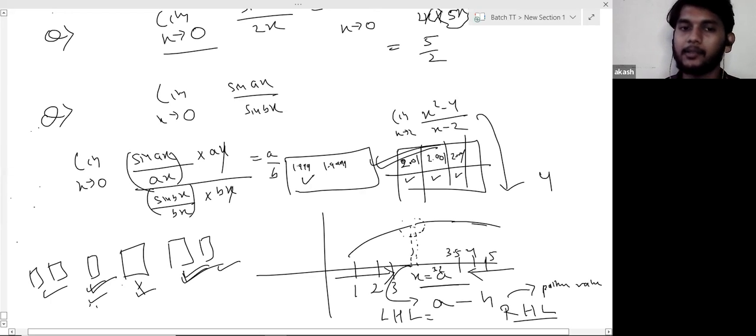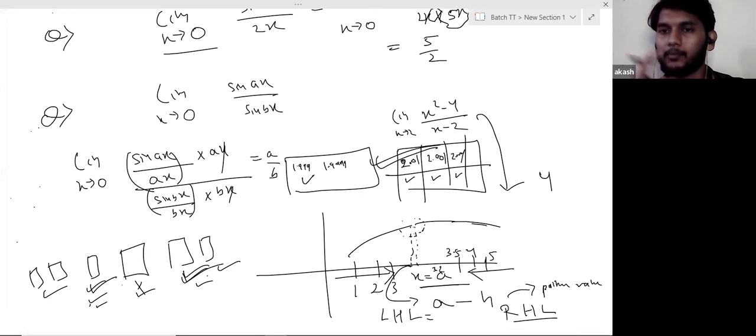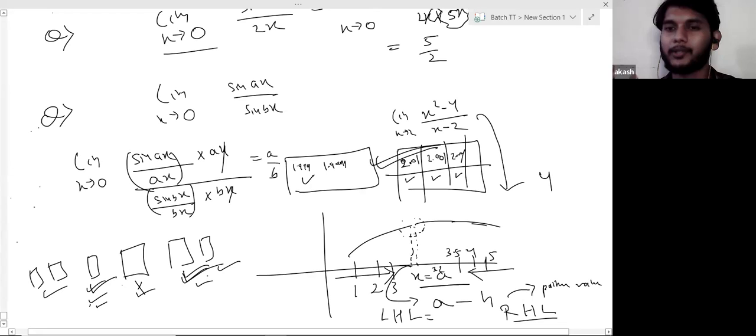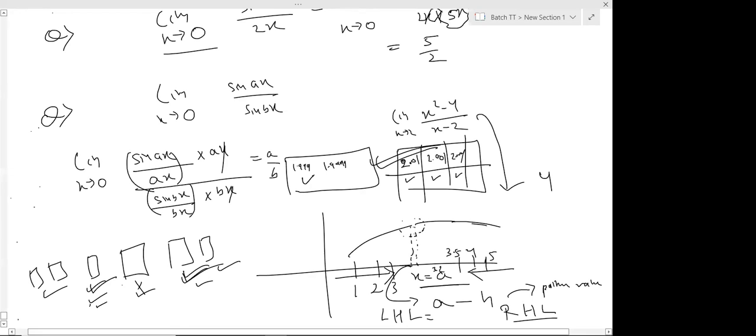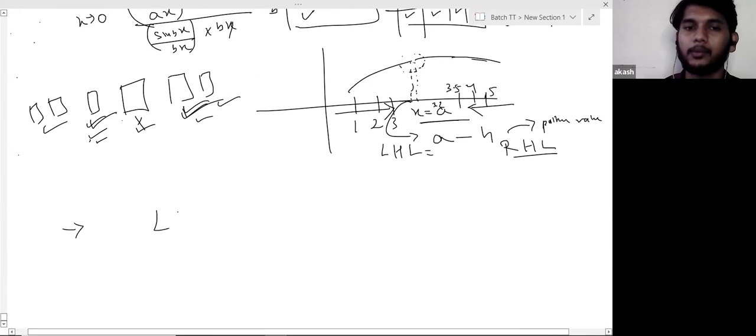But if Zaid and Aman are equally rich, then I can say that Sahel might be that much rich. Is this thing clear? Yes. All right. What about the rest of you? Yes, sir. All right. So what LHL actually is, please note it down also.